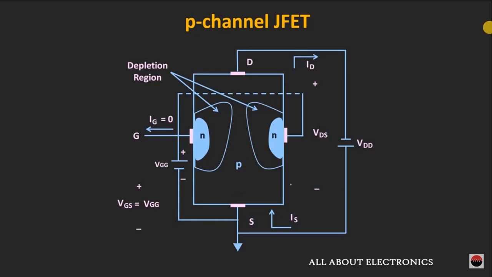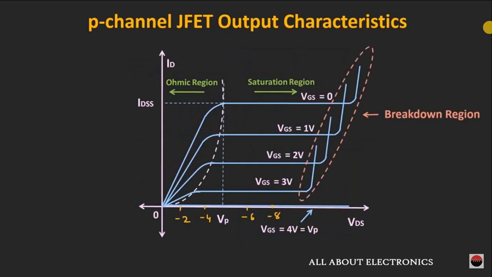So now if we see the ID versus VDS curve or the output characteristic of the P-channel JFET, then it will look quite similar to the N-channel JFET. But in this case, this voltage VDS is negative. That means if you see the voltages on this horizontal axis, they will be negative. So now as we increase the voltage VGS, then the saturation value of the drain current will reduce.